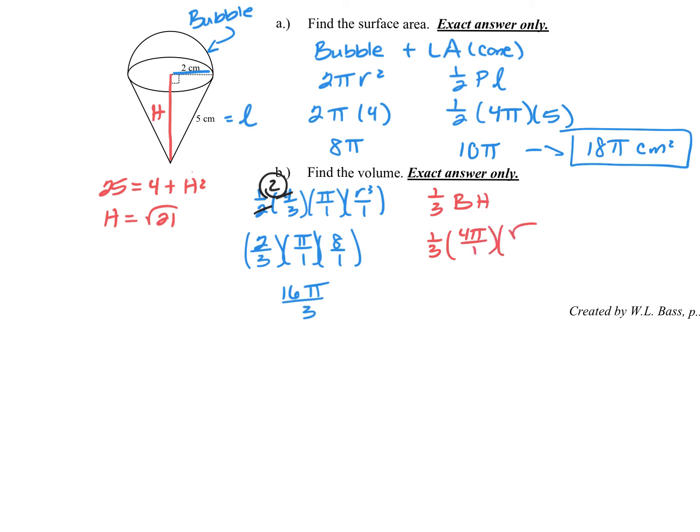My height is the square root of 21. Now when I pull this all together, that's going to give me 4 pi radical 21 all over 3. And since I do already have nice common denominators here, I can write this as one single expression of 16 pi plus 4 pi radical 21 all over 3 centimeters cubed.